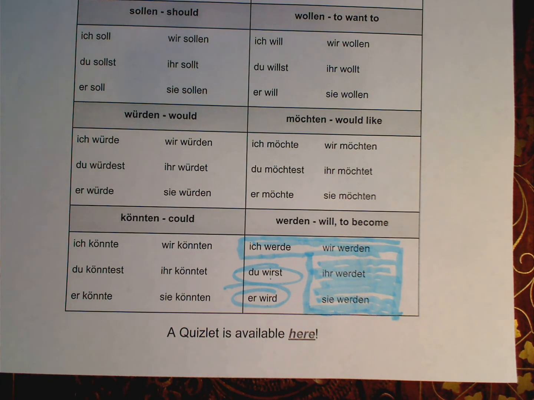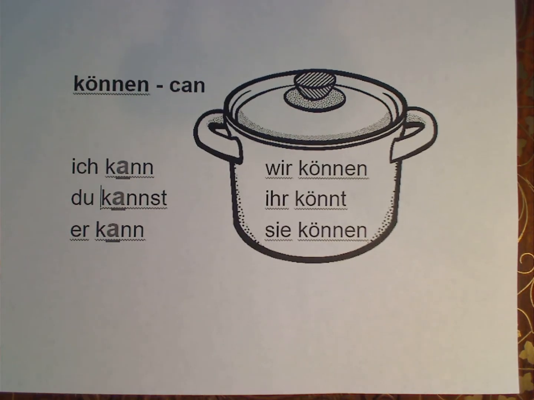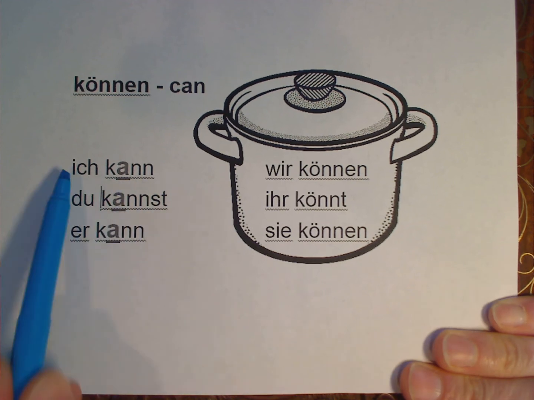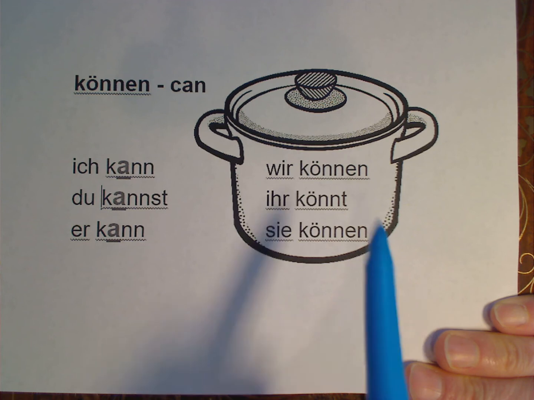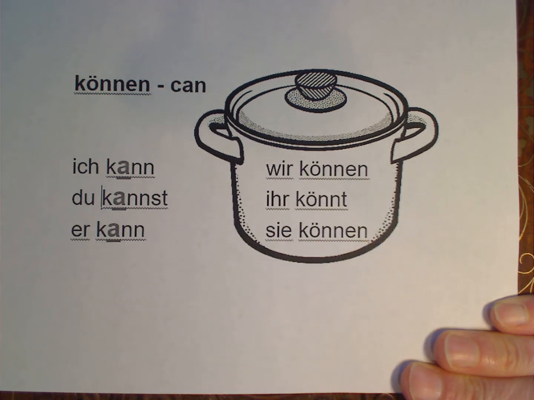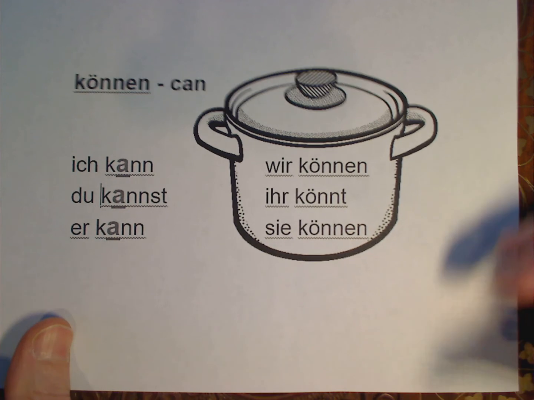The other 9 verbs are something called crock-pot verbs. They're going to be irregular in the ich, du, and er/sie/es forms. The regular forms are going to stay inside the crock-pot. The irregular forms are outside.